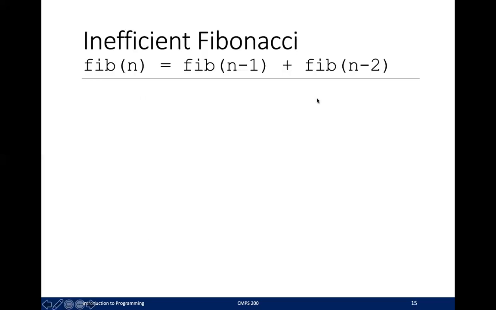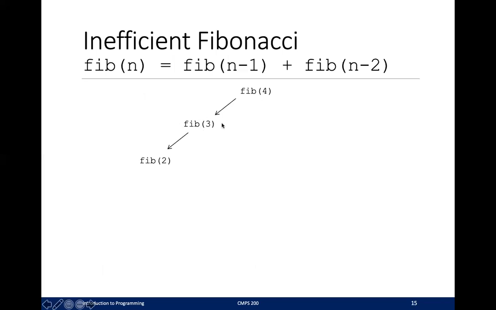So why is this algorithm inefficient? Let's say I'm calling this program with n equal to 4. So I'm going to do Fibonacci of 4. I know Fibonacci of 4 is equal to Fibonacci of 3 plus Fibonacci of 2.